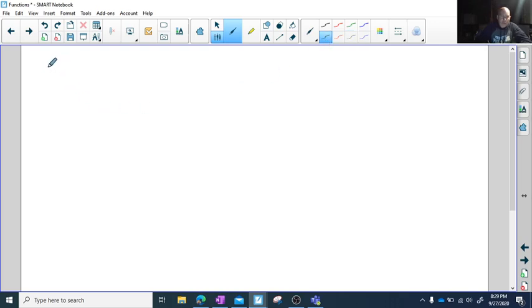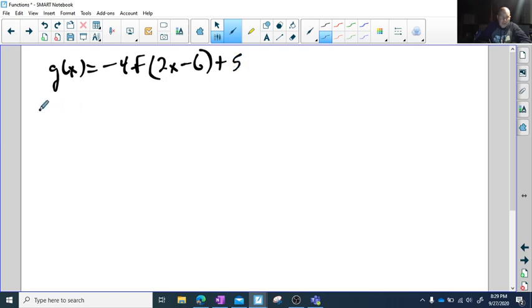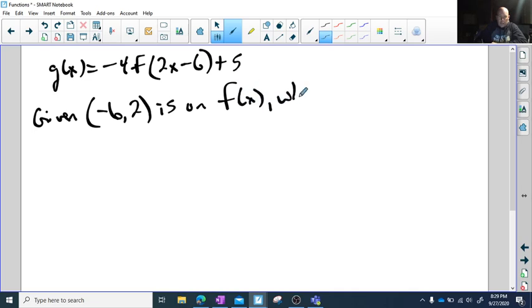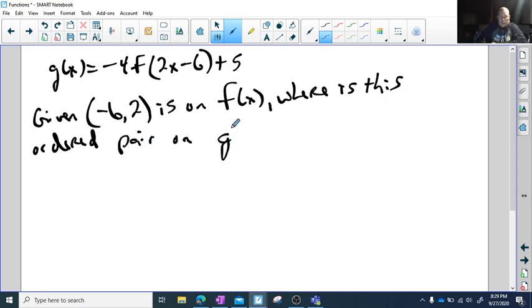Let's suppose we've got g of x is negative 4 f at 2x minus 6 plus 5, and then I say given negative 6 comma 2 is on f of x, where is this ordered pair on the inverse of g of x.